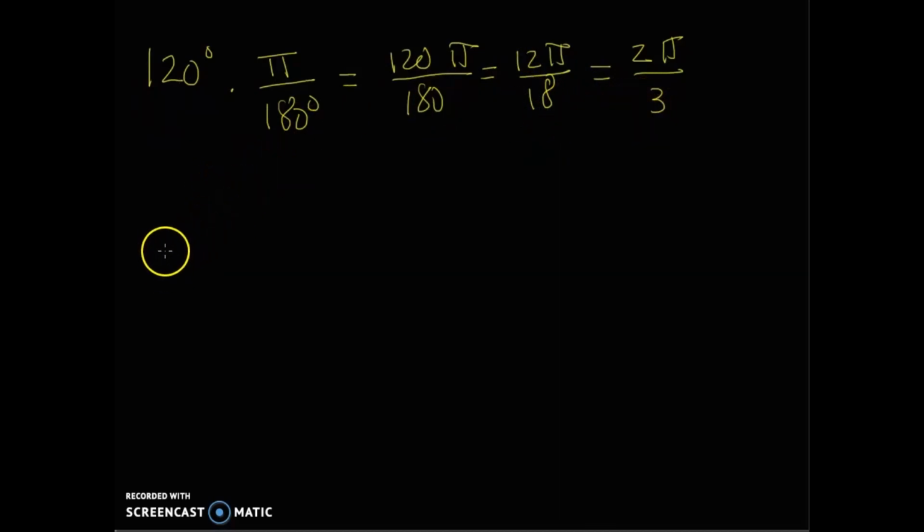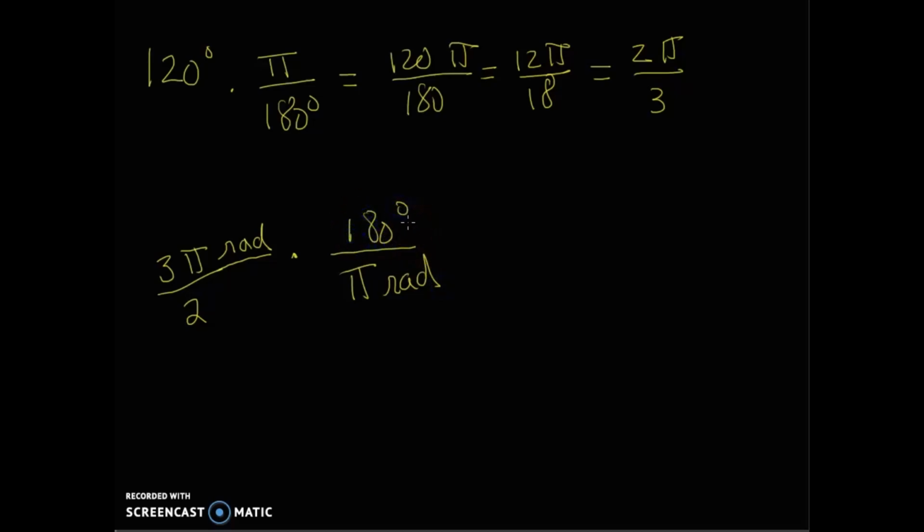How about 3 pi over 2 radians? Now sometimes radians is a unitless measure. You don't put the mark like you do with degrees. You don't put an R. You don't even write the word radians unless you really need to. I'm going to say this is 3 pi over 2 radians. It really goes in the numerator, right? So I want to get rid of the radians, so I need to use the pi in the denominator, because that's the radians, and the 180 degrees is what I'm introducing.